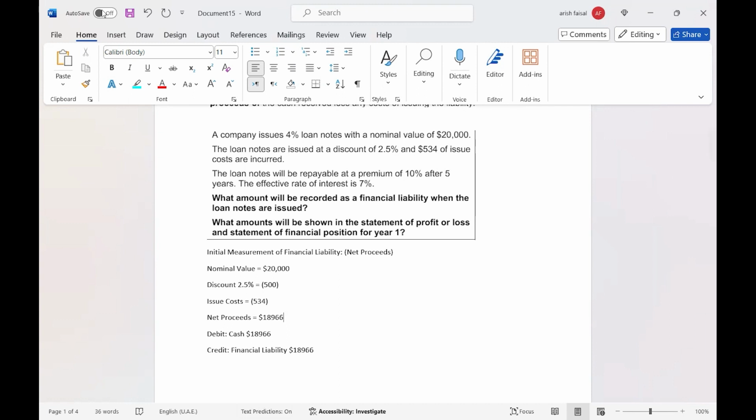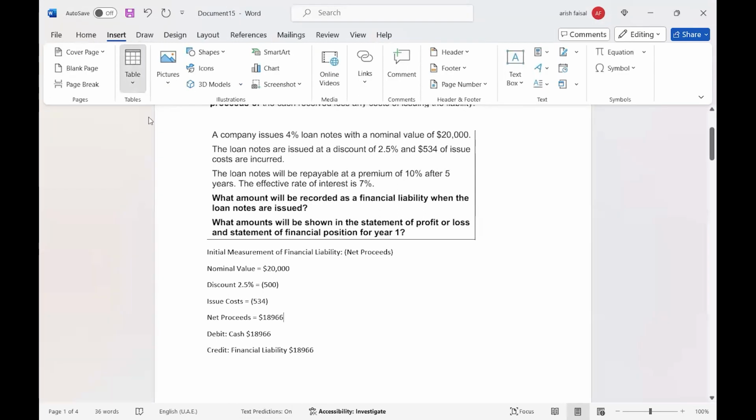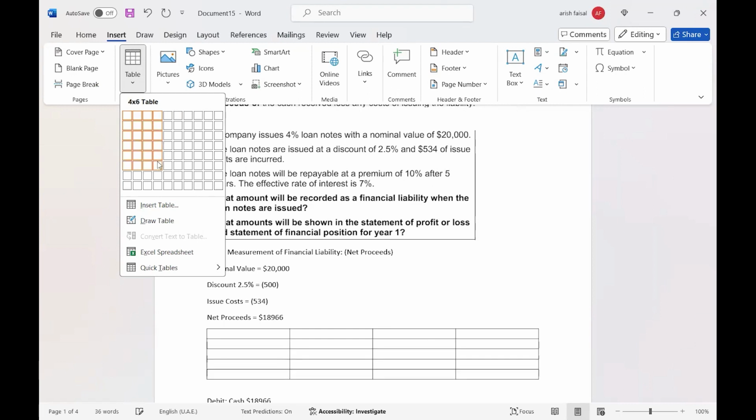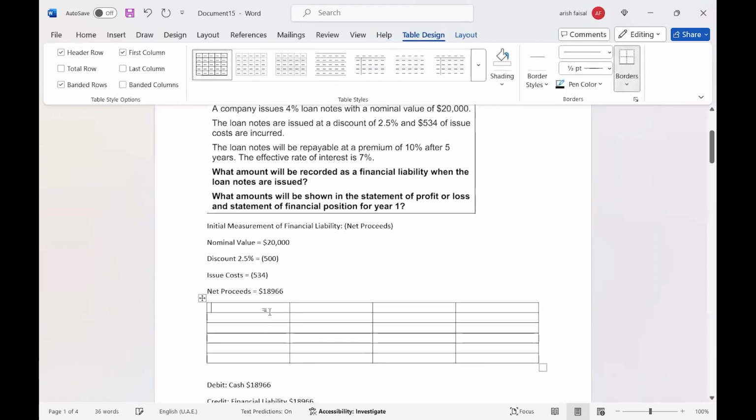Okay. So in this case, for the subsequent measurement, it's better that we make up a table. So this is going to be for 5 years. Here it's your opening balance, or the starting point, which is where you record the liability at 18966.